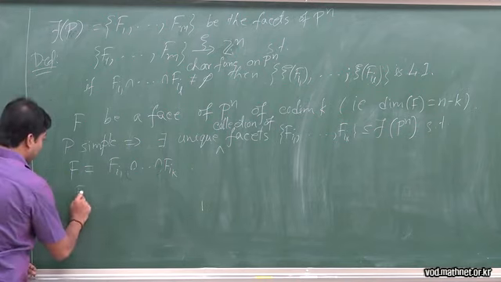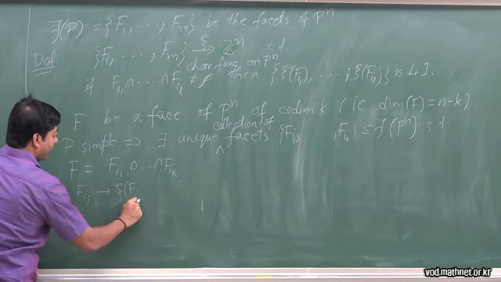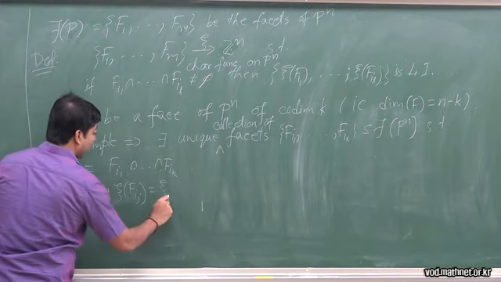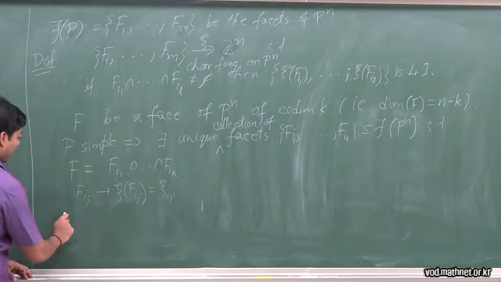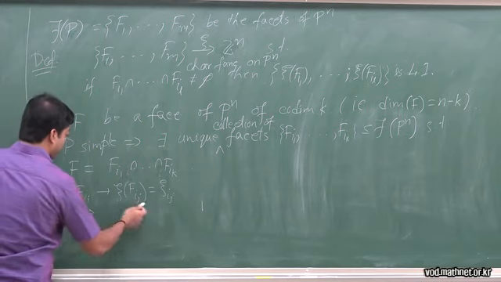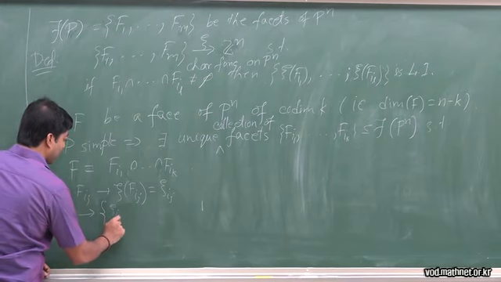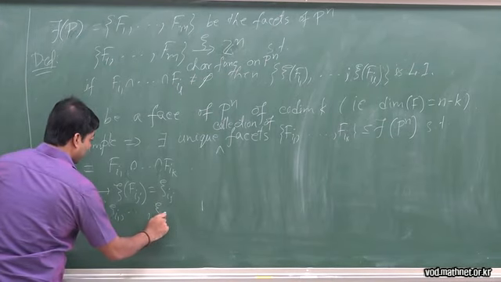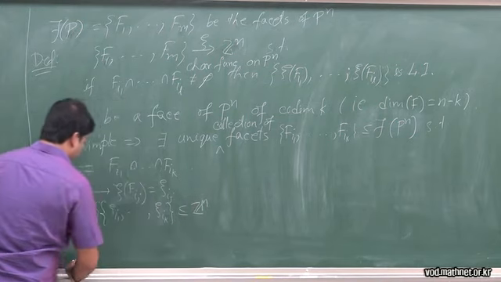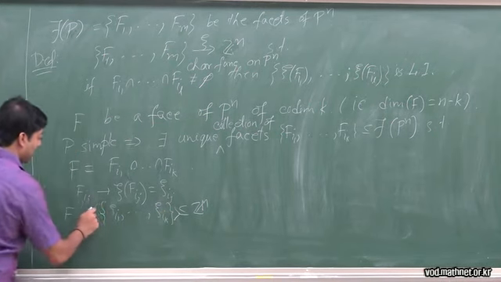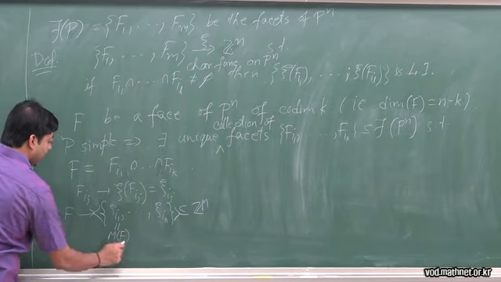So F_ij has an associated vector, which we can write in short as lambda_ij. So corresponding to this intersection, we can associate the submodule generated by lambda_i1 to lambda_ik, which is a submodule of Z^n, and we say this is M(F).